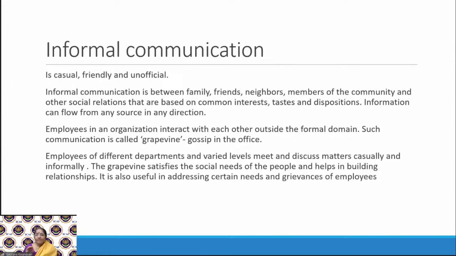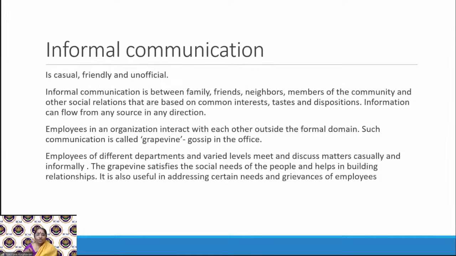This is a very, very important question, just like paralanguage. This has been asked in several question papers previously. Therefore, it's important. Okay, what is grapevine communication and what are its advantages? Employees in an organization interact with each other outside the formal domain.